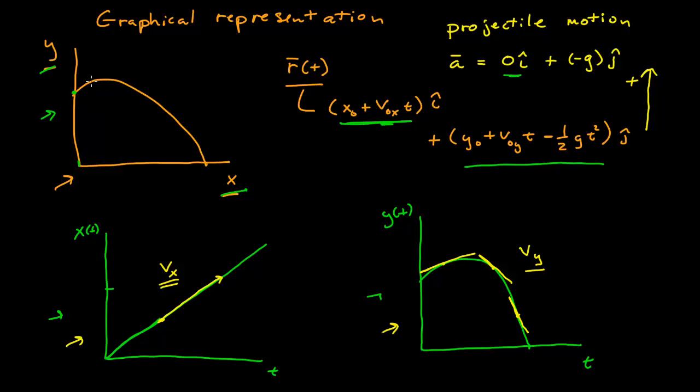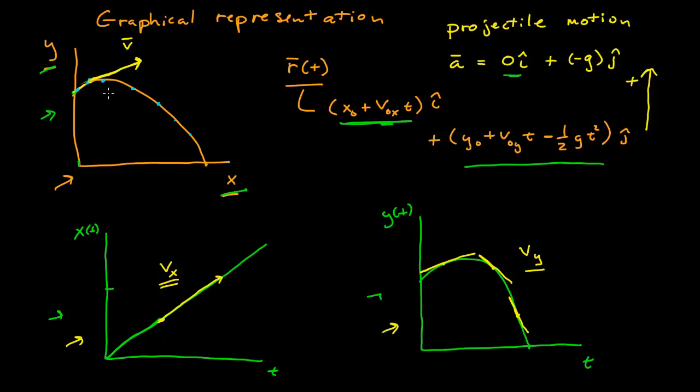On this graph, however, the slope of the tangent line at any point gives me the direction of the velocity vector. Because this represents the trajectory of the particle as it follows, at this point in space, it has a velocity vector that's pointing along the tangent line of this curve.